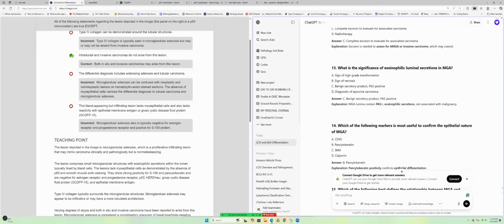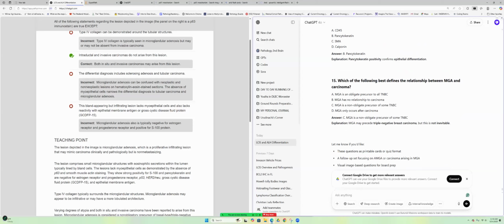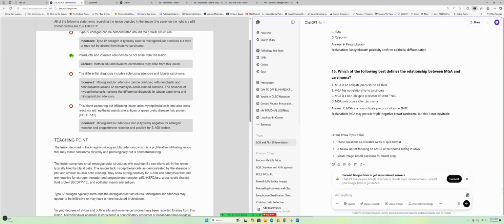Which of the following markers is most useful to confirm the epithelial nature of MGA? Cytokeratin. Which of the following best defines the relationship between MGA and carcinoma? Non-obligate precursor.